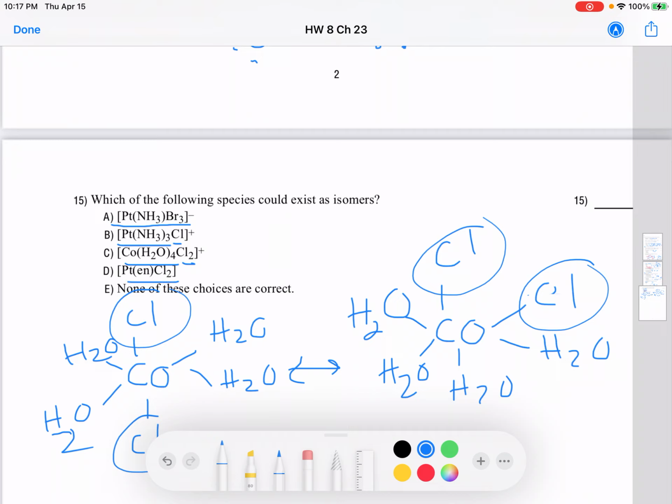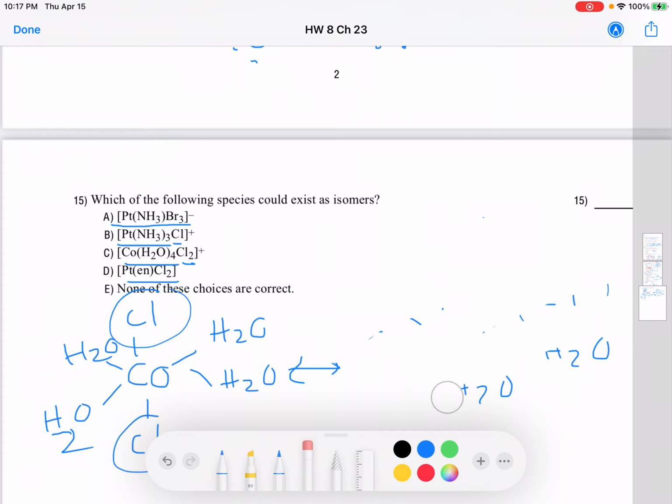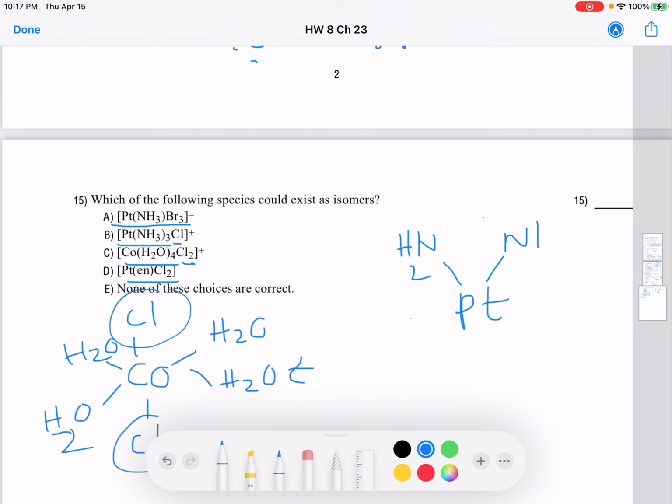And this one also cannot because you have platinum in the center, and ethylenediamine is NH2, NH2, and then CH2, CH2 here, and then chlorine, chlorine.